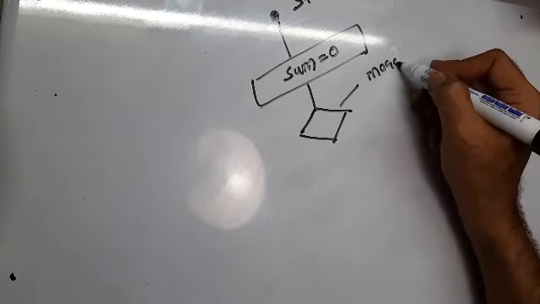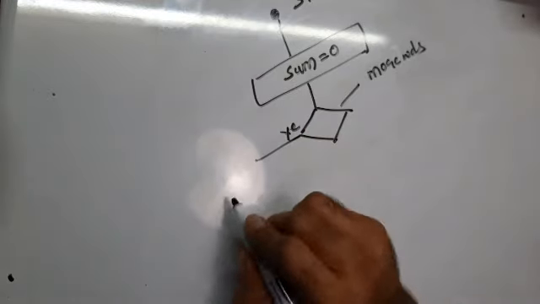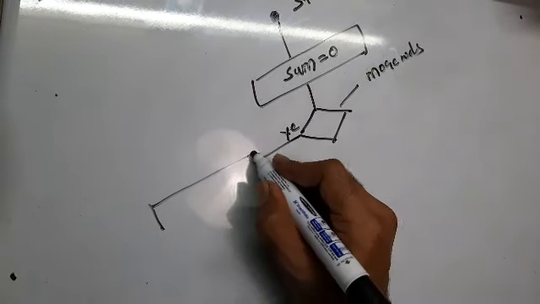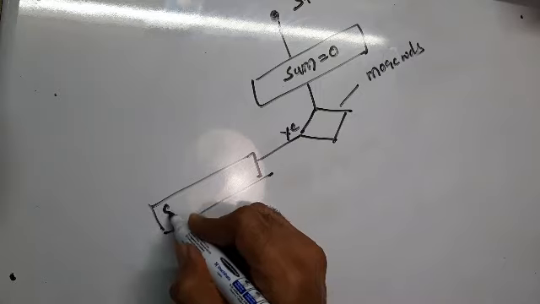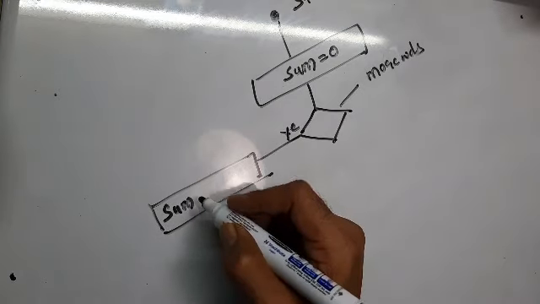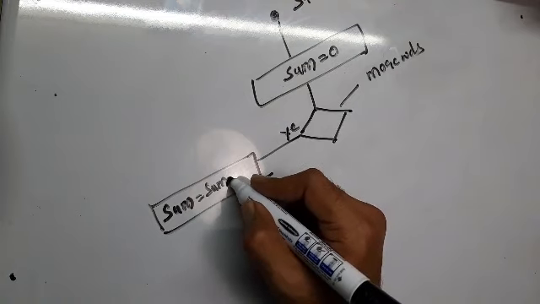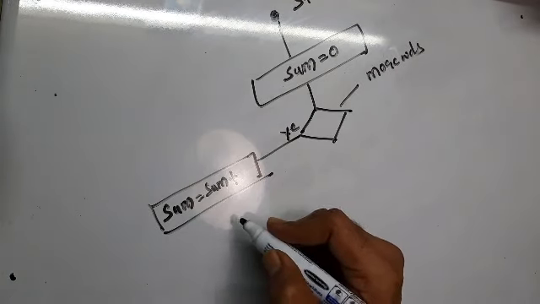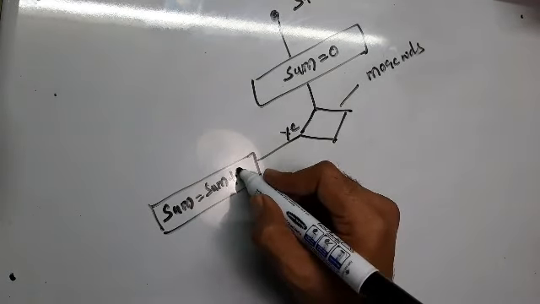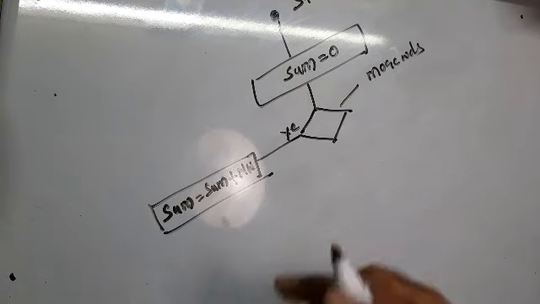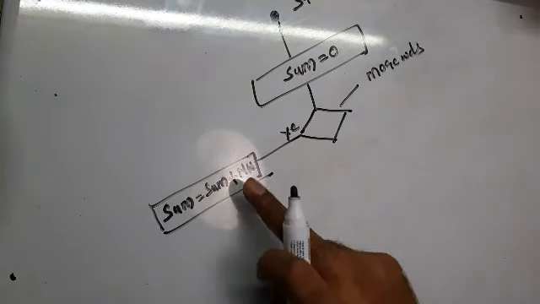If yes, you perform this step: sum is equal to sum plus the next word. I'll write it as NW, next word.